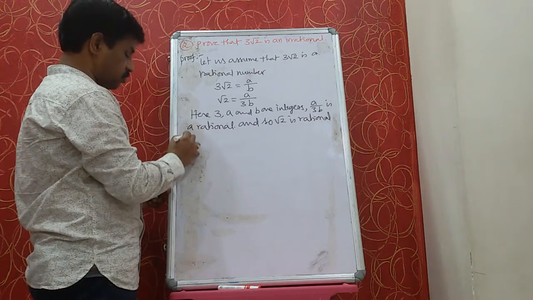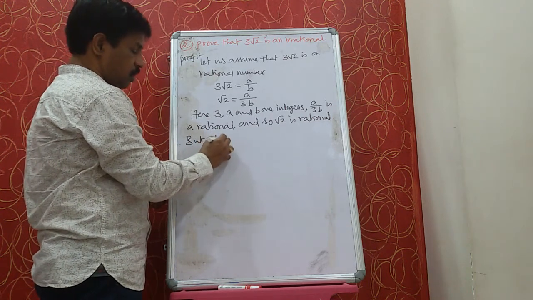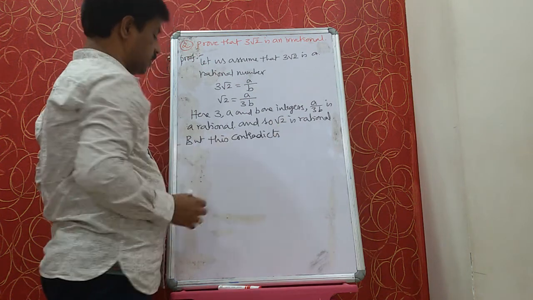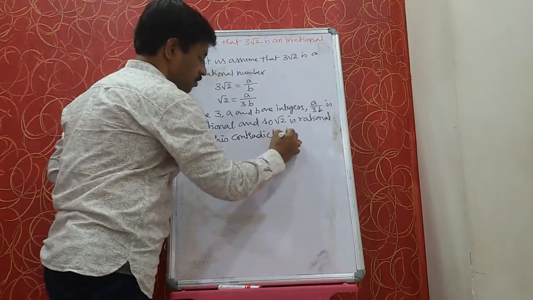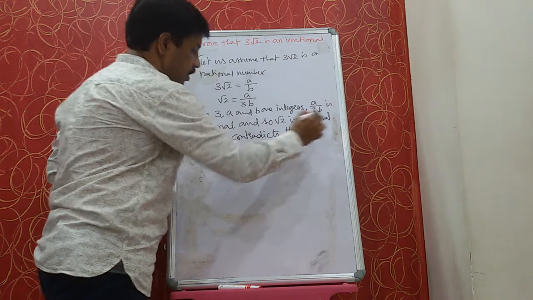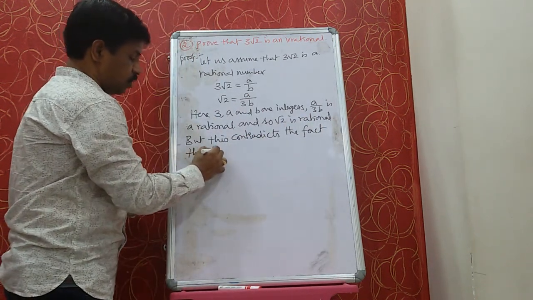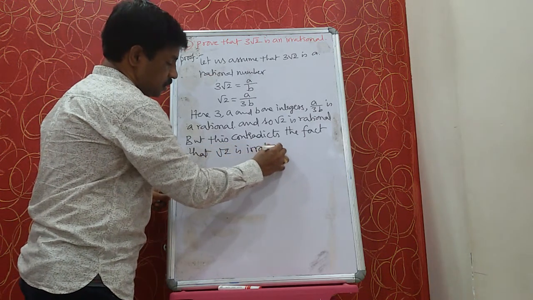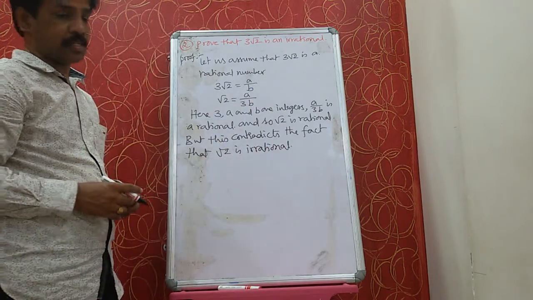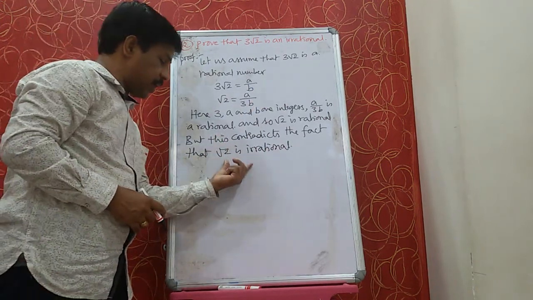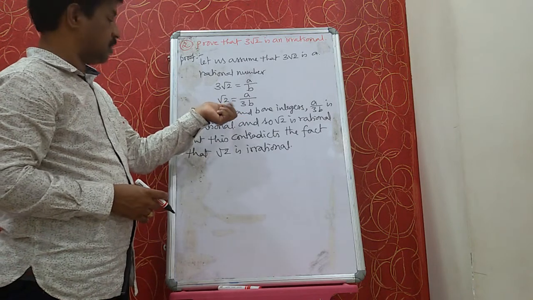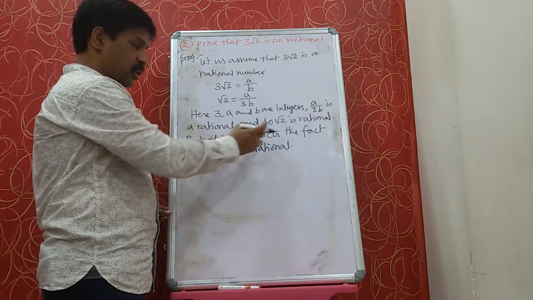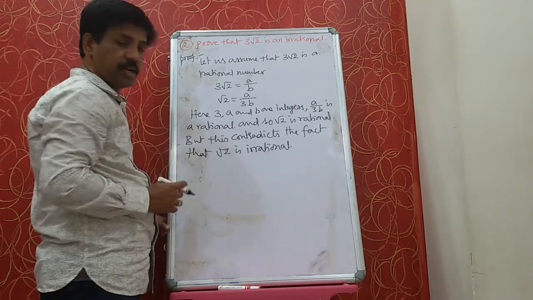But this contradicts the fact that root 2 is irrational. Why? Because just now we proved root 2 is an irrational number. So that fact is contradicting.